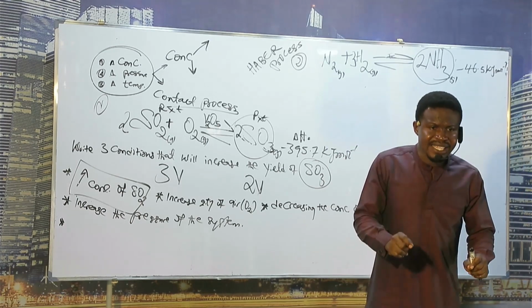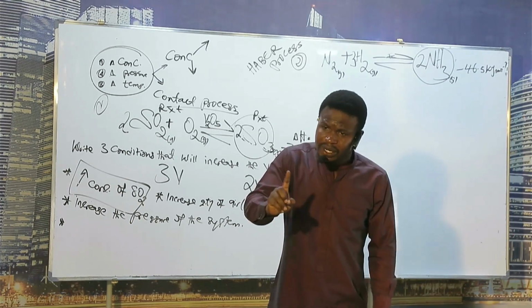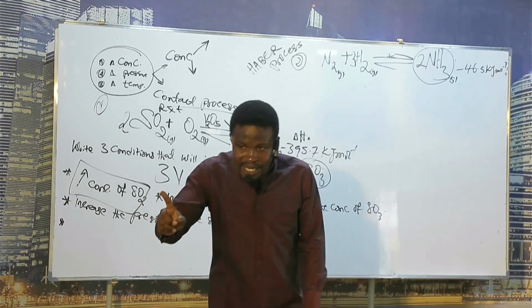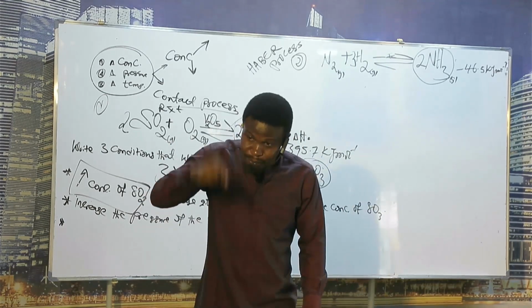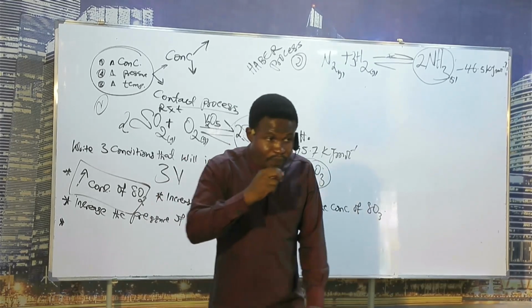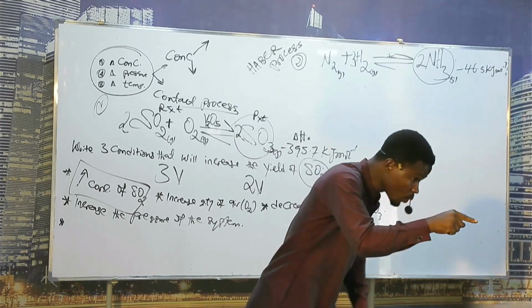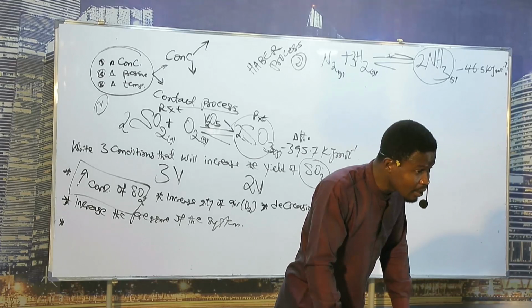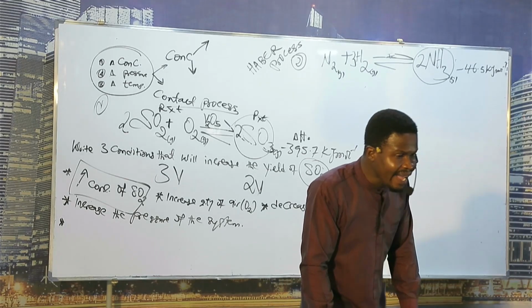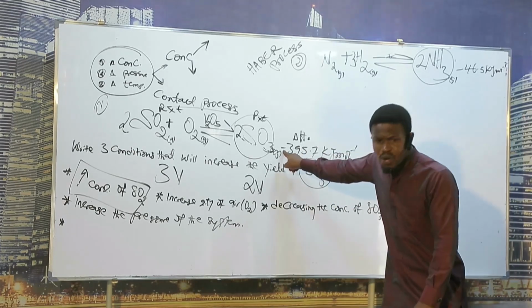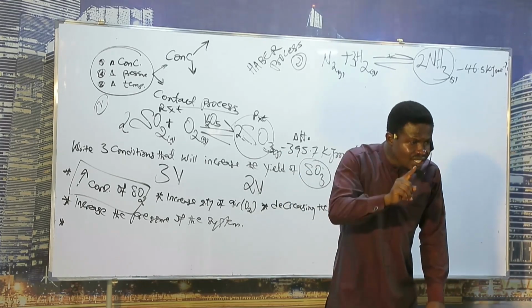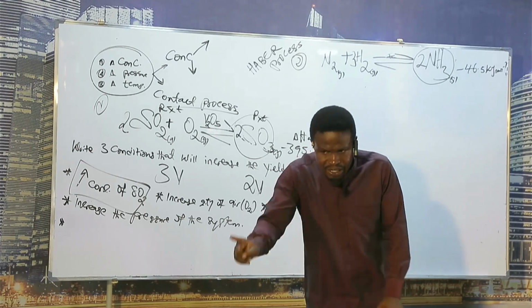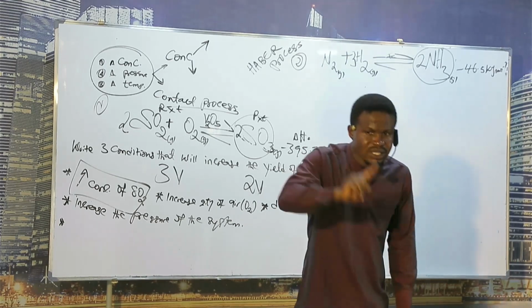And we established that if the forward reaction is endothermic, the backward must be exothermic. If the forward is exothermic, the backward must be endothermic. And the enthalpy change they will give you in the exam is the enthalpy change for the forward reaction.